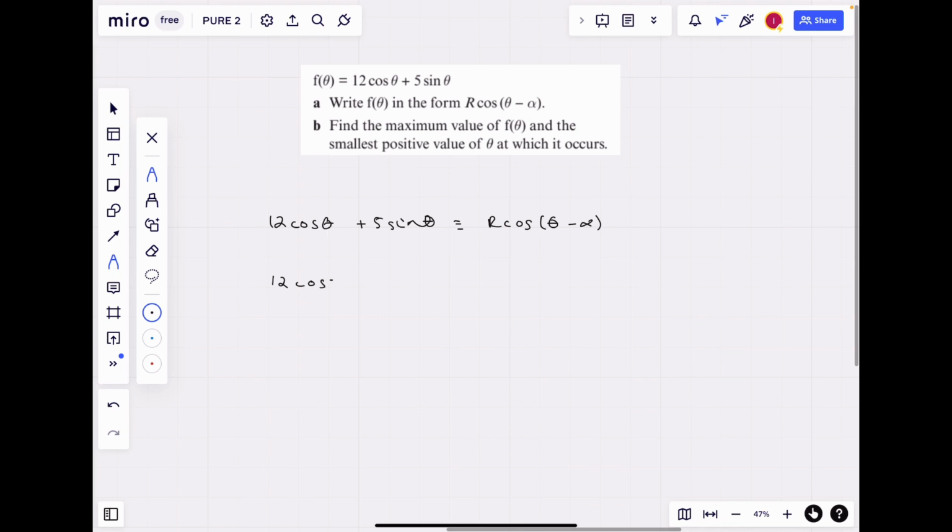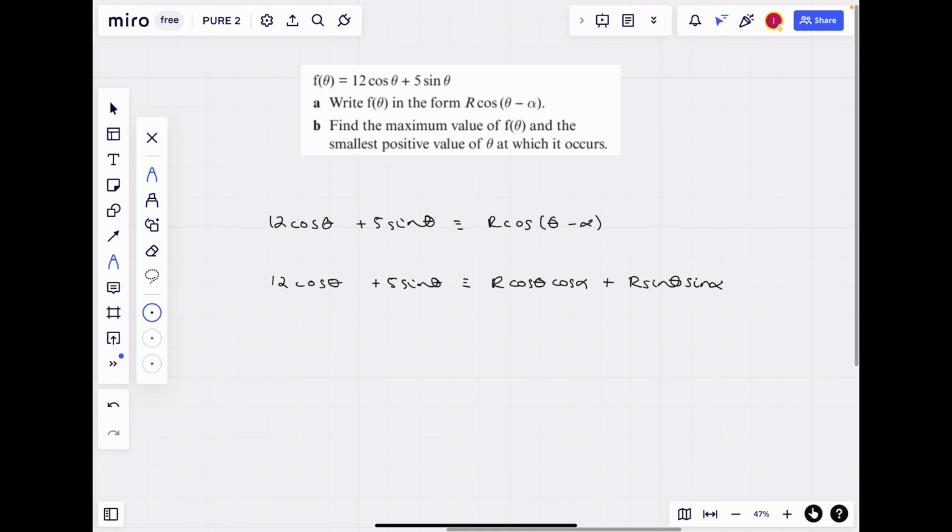So you should have this. R cos theta cos alpha plus r sine theta sine alpha. Because remember, inside the bracket can be negative, outside the bracket is therefore positive with the cos addition formula.